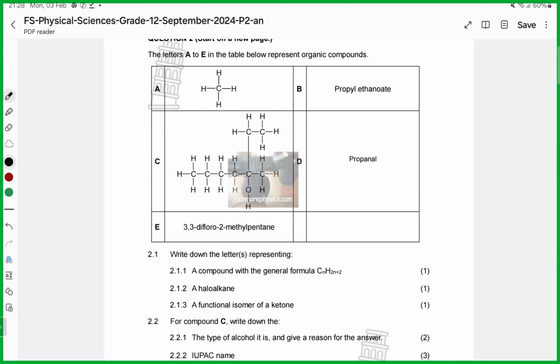Right, a compound with the general formula CnH2n+2. That's easy. Which one is it? A. It's an alkane and it has to be A.